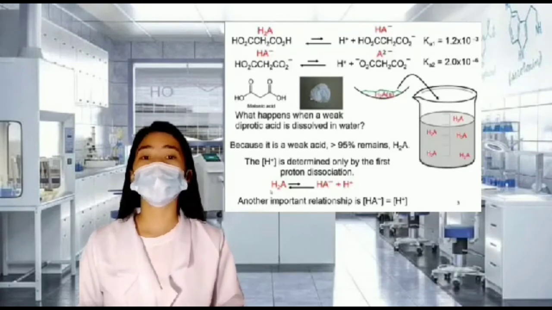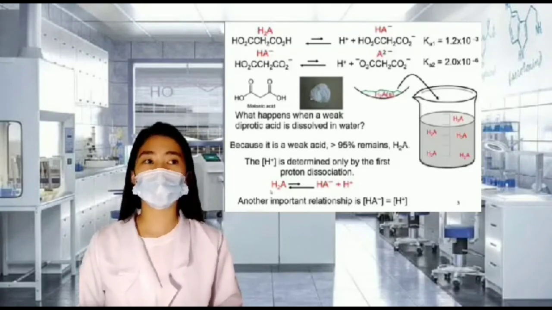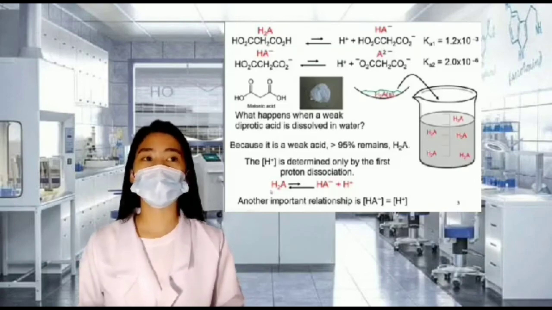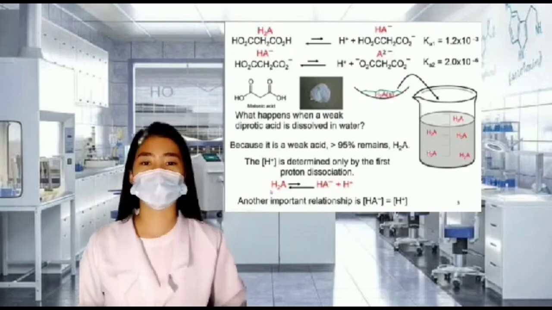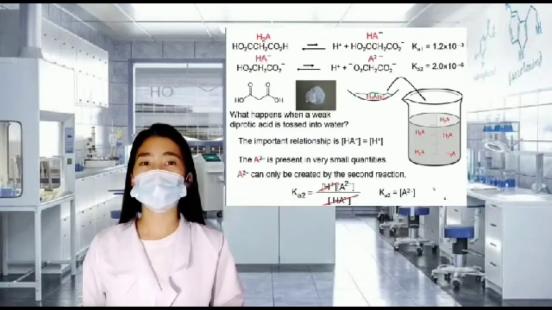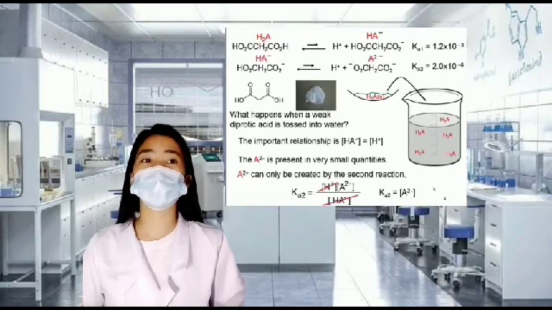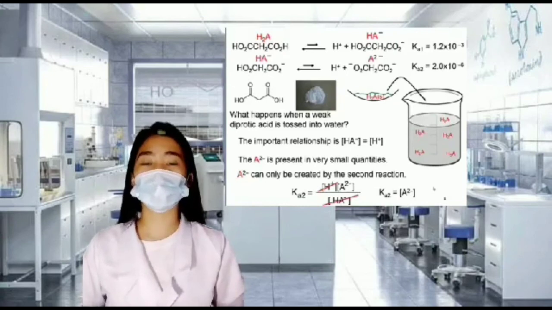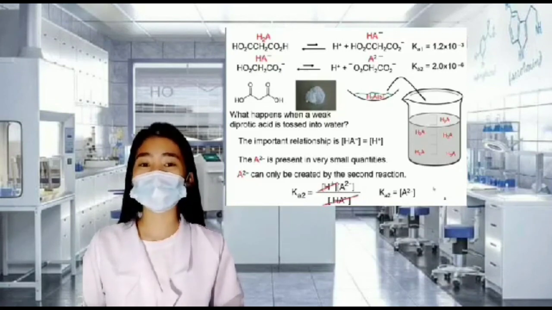So the Ka describing the equilibrium that produces A2 negative has HA negative and H plus, which cancel, and A2 negative will be very close to Ka2. So in the solution, we expect 2 times 10 to the power of negative 6 molar A2 negative, present in very small quantity. That's all. Thank you.